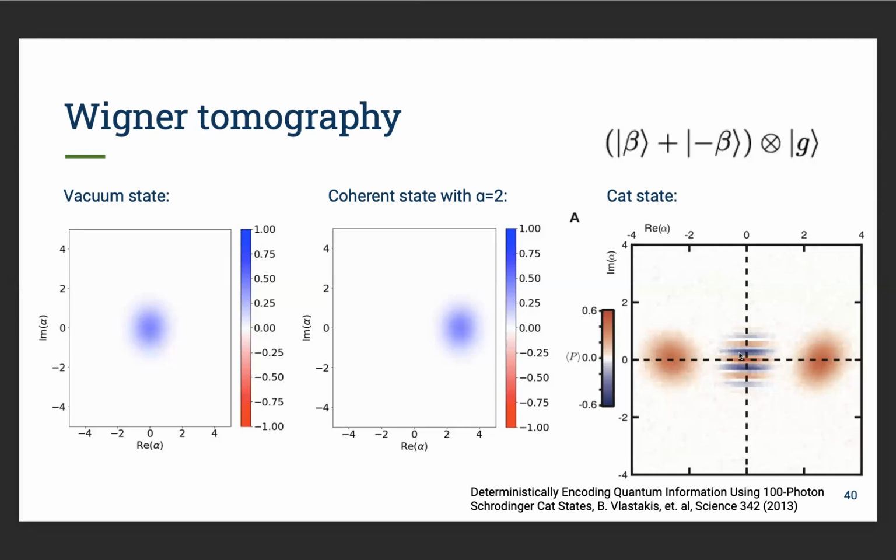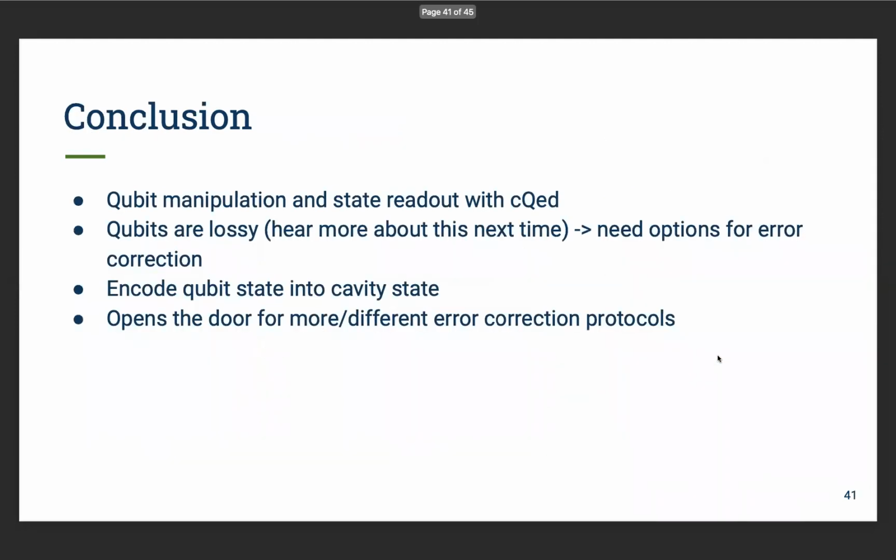Yeah, so this was all I had prepared for today. In conclusion, we learned about how you can manipulate the state of a qubit and read out the state of a qubit with cQED. Also, qubits are lossy, which you'll hear more about next time. And so for more options for error correction, we can move towards encoding the qubit state into the cavity state.